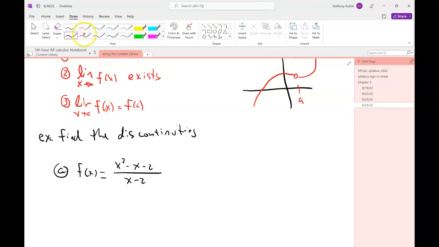So let's say we have this one. You should be able to do this just using your Algebra 2 knowledge.